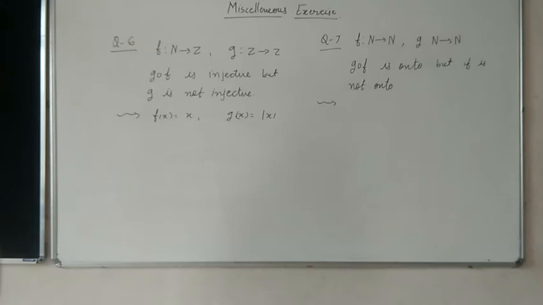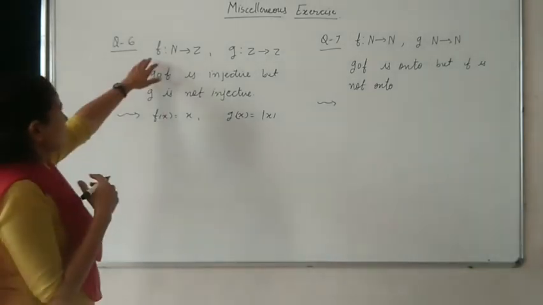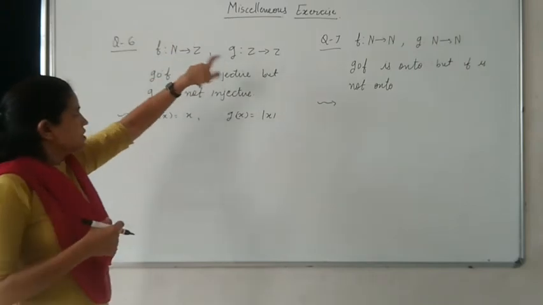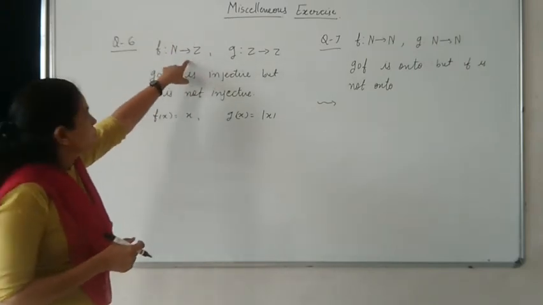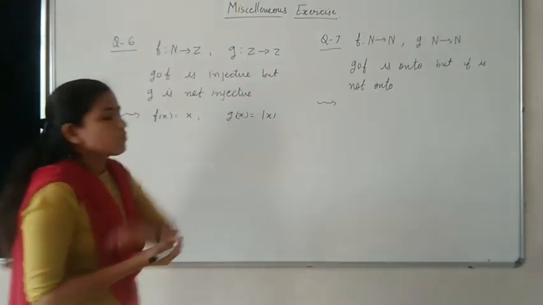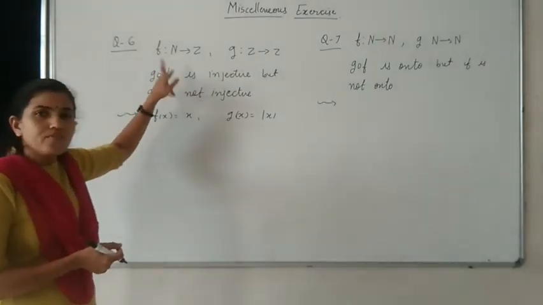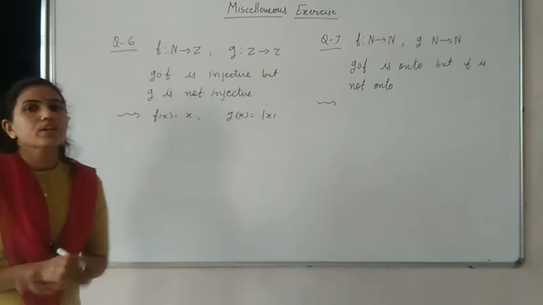Question number 6 is: give two examples of functions f and g, where f is a function from N to Z and g is a function from Z to Z, such that g composition of f is injective but g is not injective.